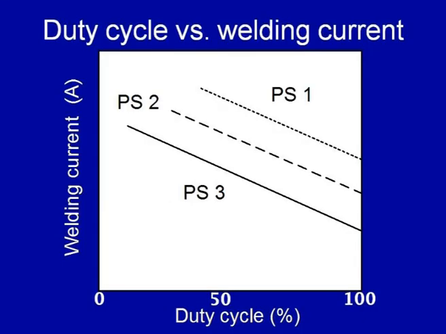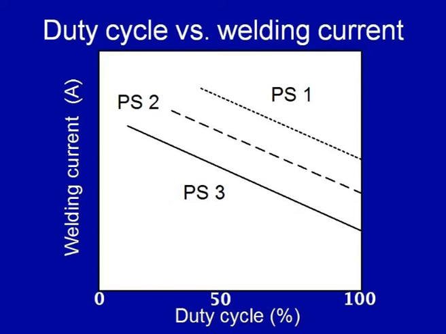If these three things are present, then the power source will allow us to work at a higher current even with a higher duty cycle. So, in general, if we are drawing the higher current, then we need to work with the lower duty cycle.